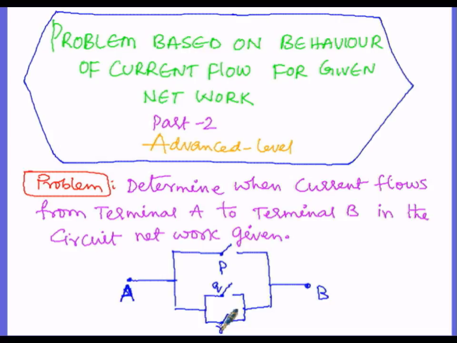So we can write the condition as Q or R for the parallel combination of the Q and R switches, and this combination Q or R is again connected in parallel to the switch P. So overall we can write the combination as P or (Q or R). We have to find out the truth values of this condition P or (Q or R) in order to find out when the current flows from the terminal A to the terminal B. And the solution starts now.